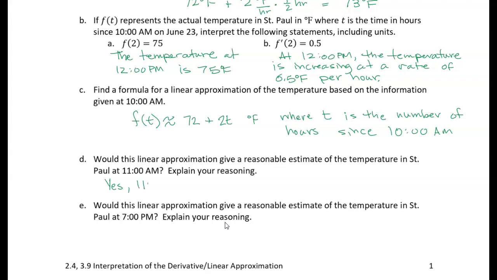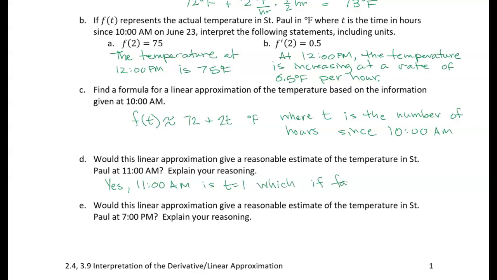And so it's probably reasonable. I would say the reason would just be because 11 a.m. is t equals 1, which is fairly close to 10 a.m. So that's probably what I would write.